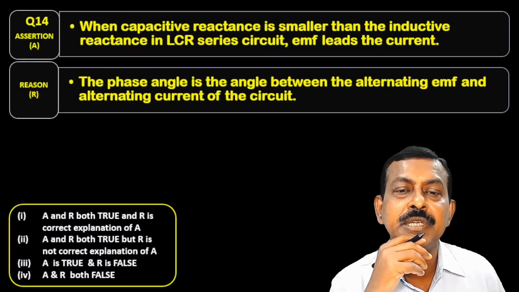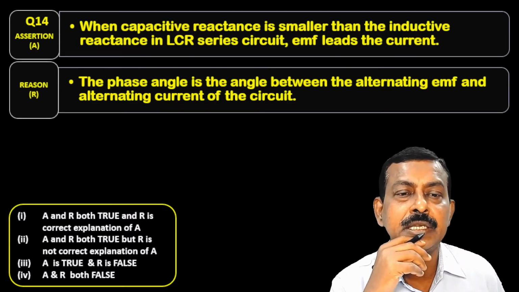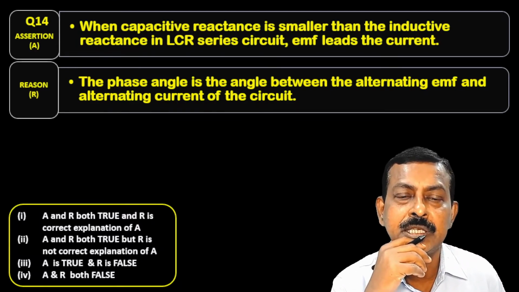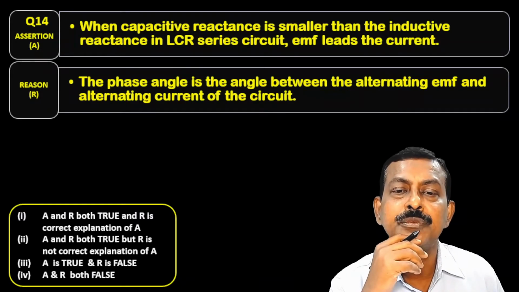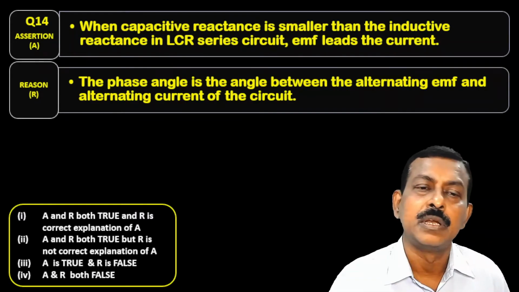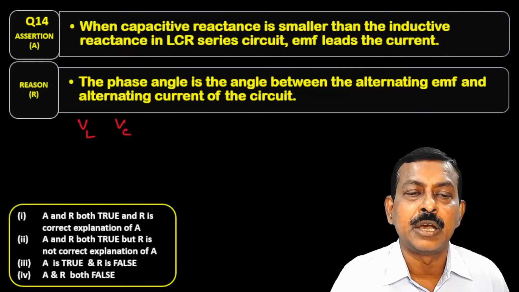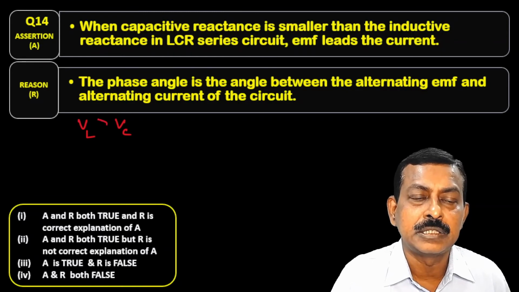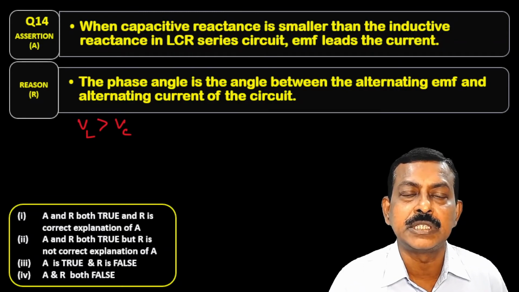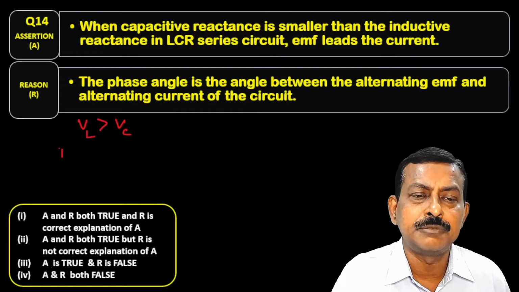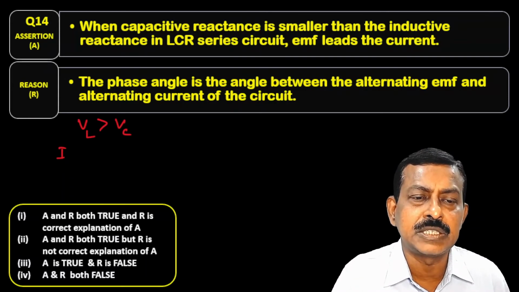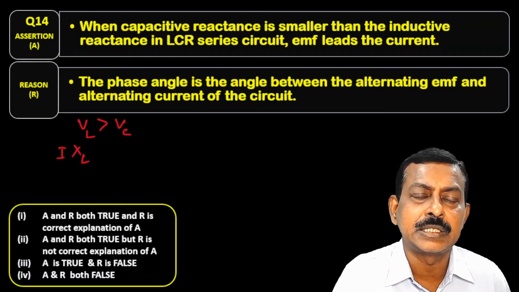When capacitive reactance is smaller than the inductive reactance in an LCR series circuit, EMF leads current. So here we have your VL and VC. Now if VL is greater than VC, that means in terms of reactance, IXL is greater than IXC.